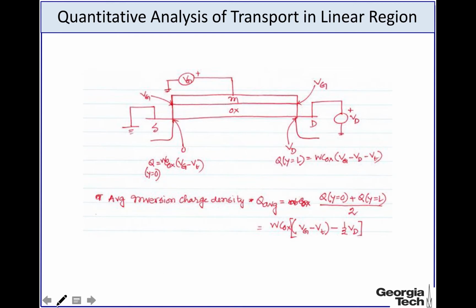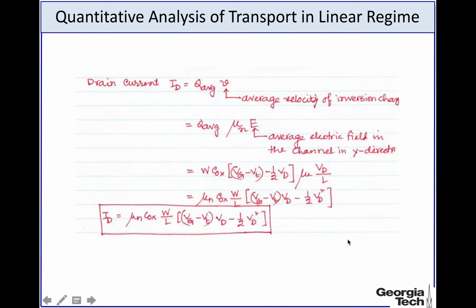So the average inversion carrier charge density is half of the sum of the charge densities at the two ends, the source and the drain, and if we plug in the numbers, it comes out to be W multiplied with Cox multiplied with Vg minus Vt minus half of Vd. Alright, okay.